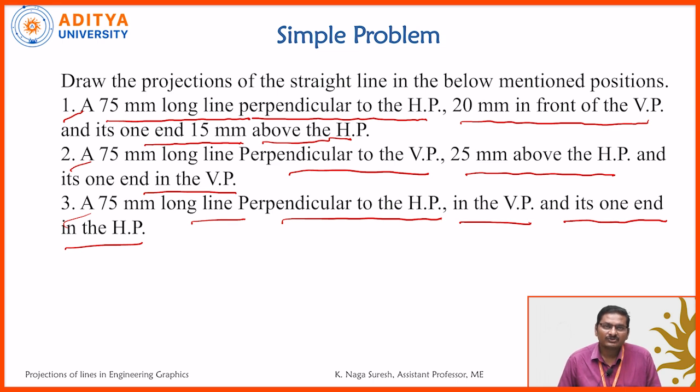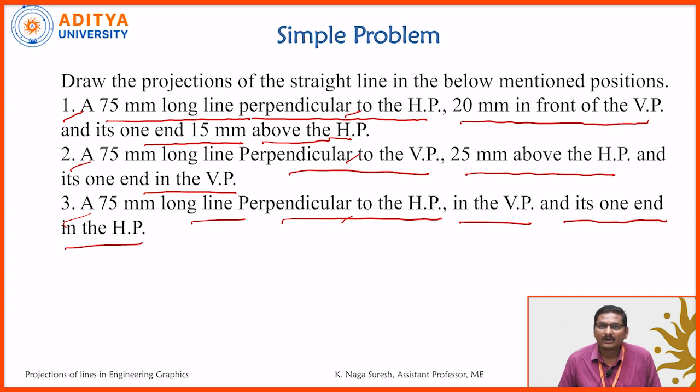So here there are three positions, and commonly the term perpendicular is mentioned. The perpendicular term means the line is inclined to one plane and parallel to another plane. That means if the line is perpendicular to HP, then indirectly it is parallel to VP.